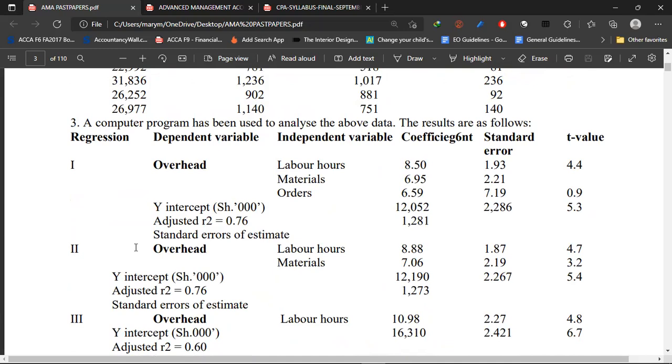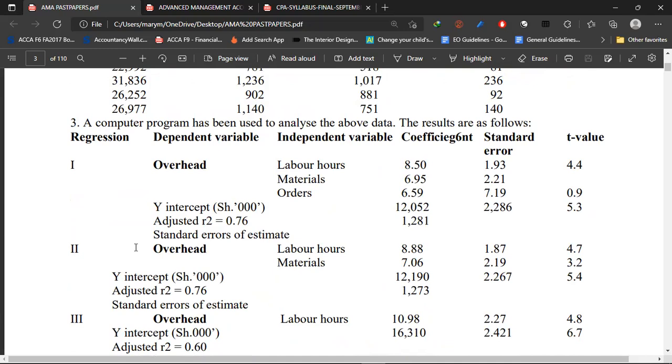We have been told that a company program has been used to analyze the above data. The results are as follows. When I look at this regression, we have the dependent variable, which we are going to pick there. We have the independent variables, which are denoted by x's.